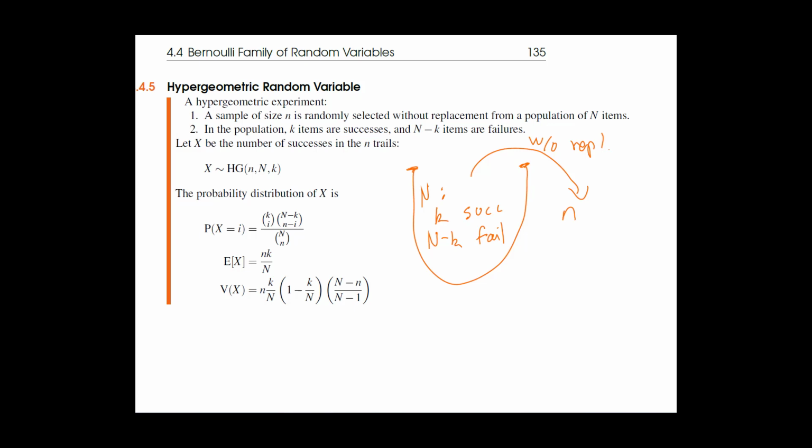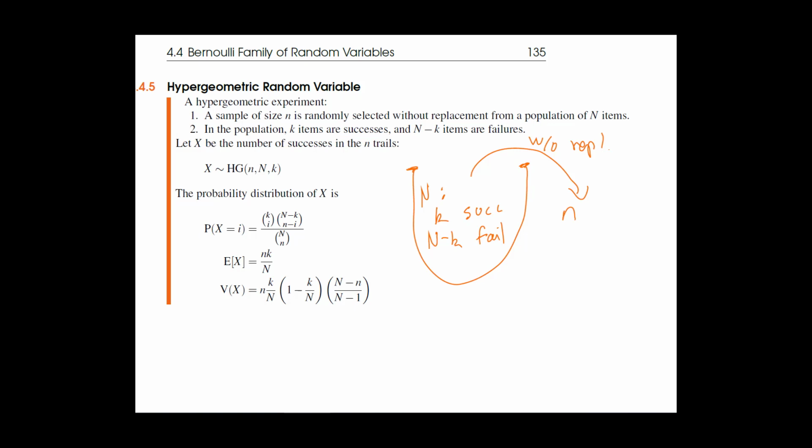But the first intuition about the hypergeometric is that when capital N is infinite or very large, then it should be just like the binomial. Because N is so big that each time you take an element, it's not going to affect the probabilities in the future of getting a success.